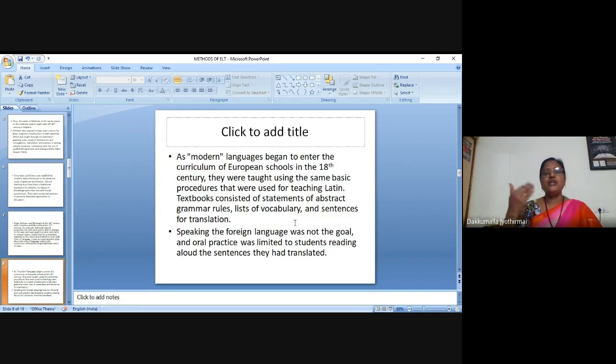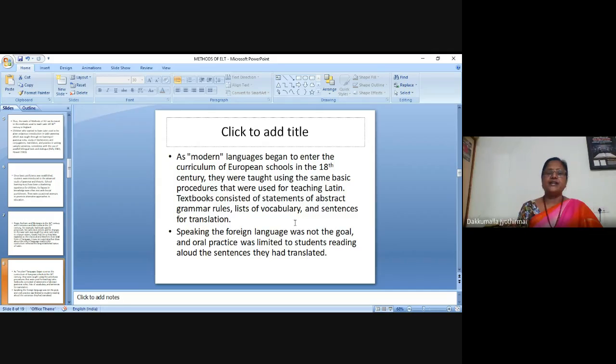So when modern languages like French or Italian and Spanish and some other languages came into England or any part of the world, those languages were also taught in the same model in which Latin was taught.